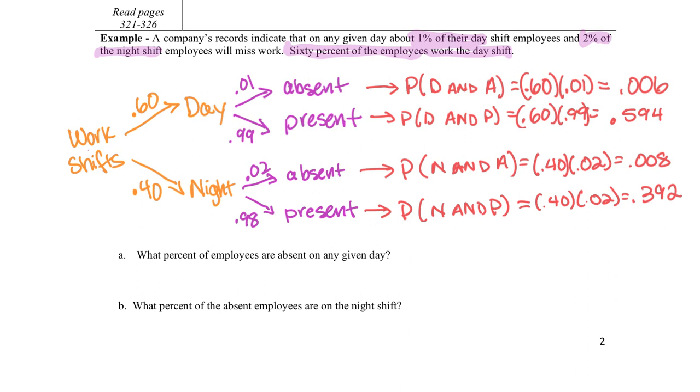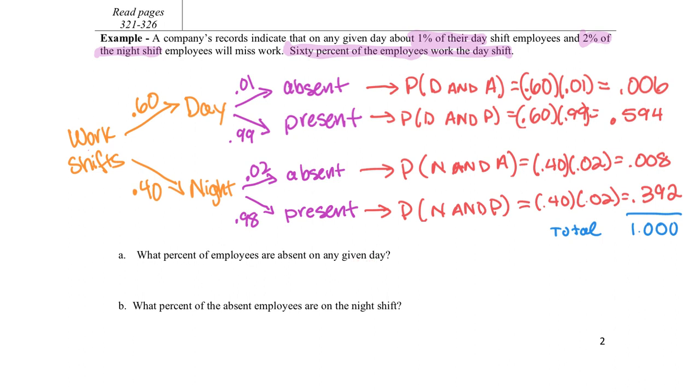So one important thing is if we did this correctly, when I add all of these up, the total should equal 1. And if you go ahead and add those up, you will see that our total will always add up to 1. So it's a really easy check to make sure you didn't make any mistakes. How do we use this to answer this question? What percent of employees are absent on any given day?